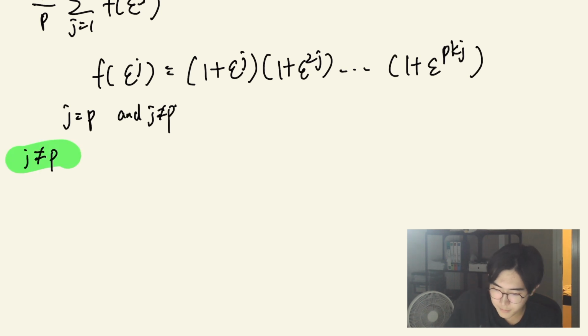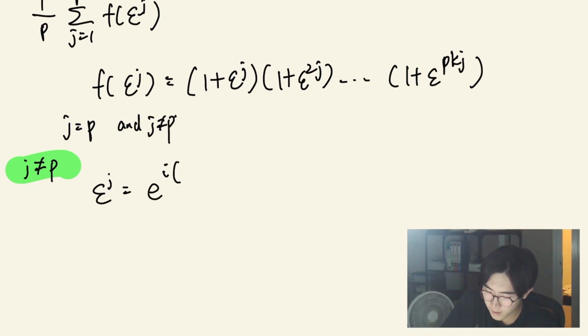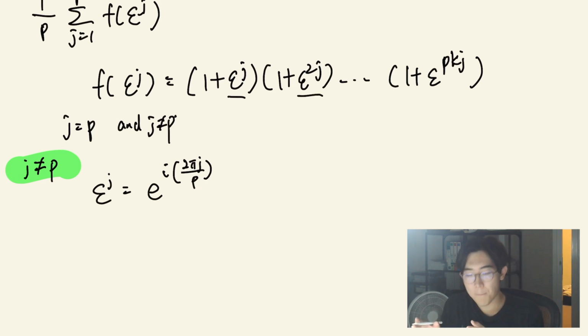Case 1. So if j is not equal to p, notice that sigma to the power of j is equal to e to the power of i 2 pi j over p. And so basically all of these terms are being shifted by a factor of 2 pi j over p, and this will cycle every p times.